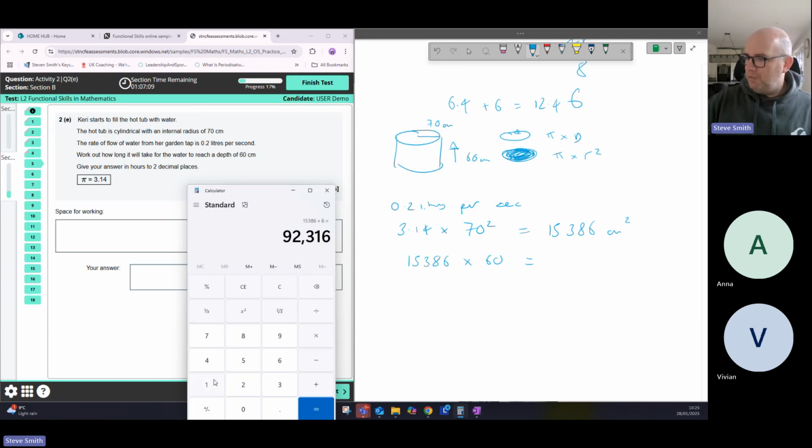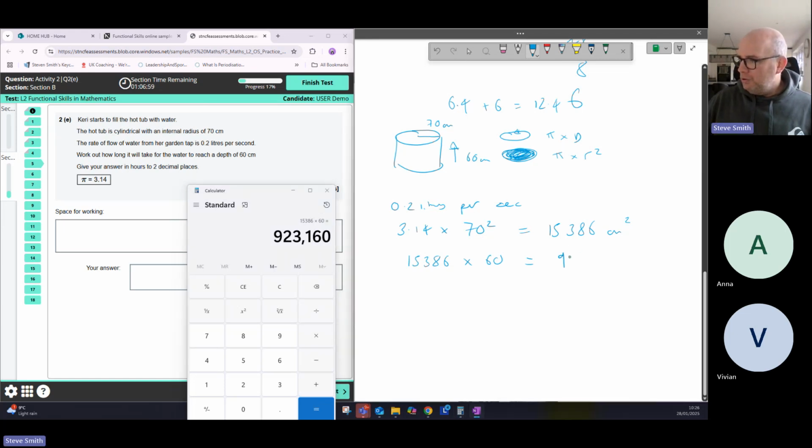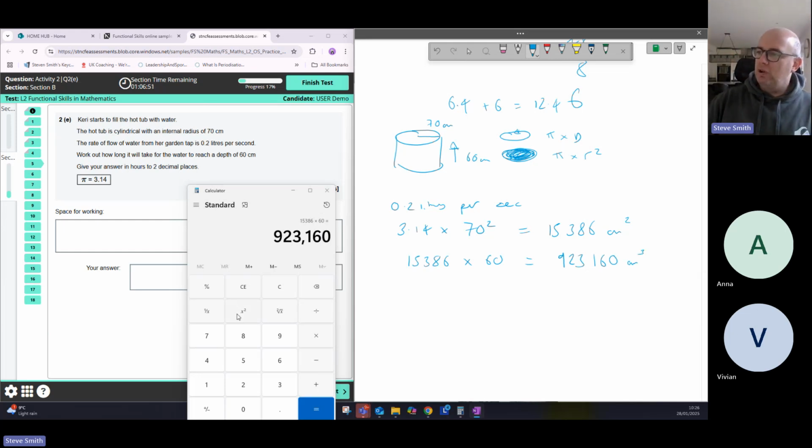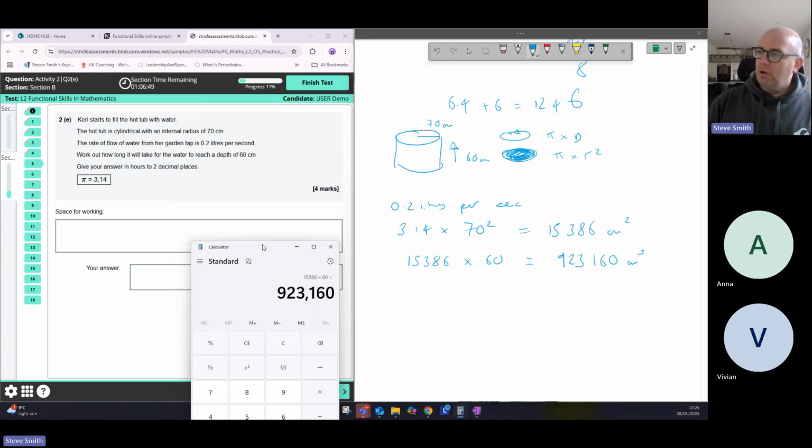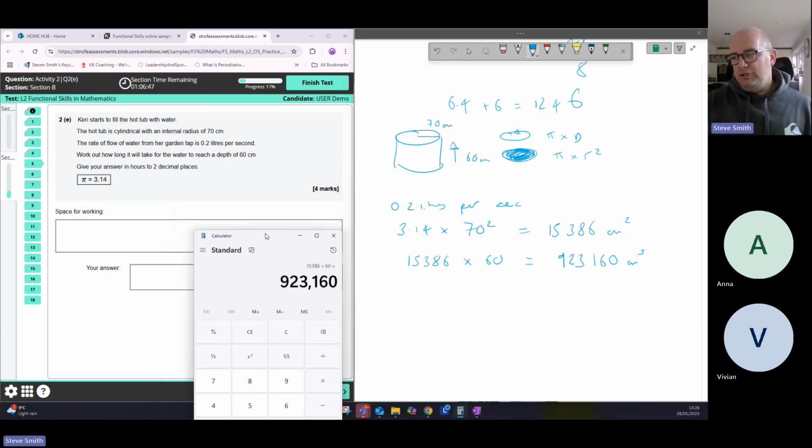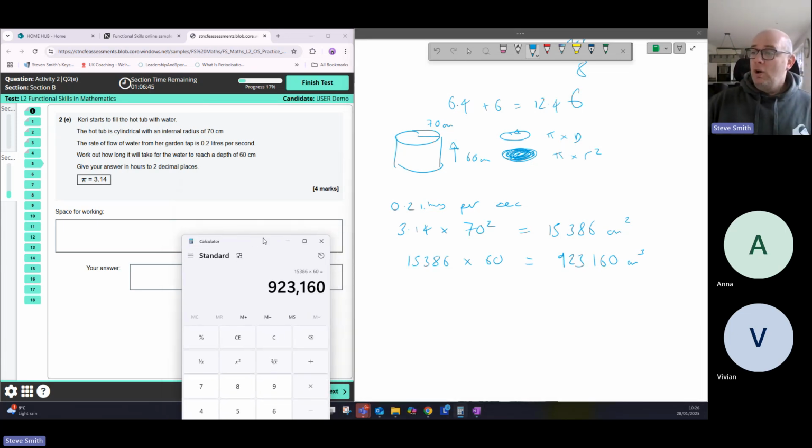Let's go again: 15,386 times by 60 equals 923,160 centimeters cubed. We've now got the volume of our hot tub.